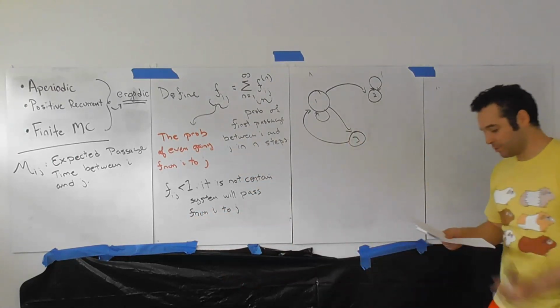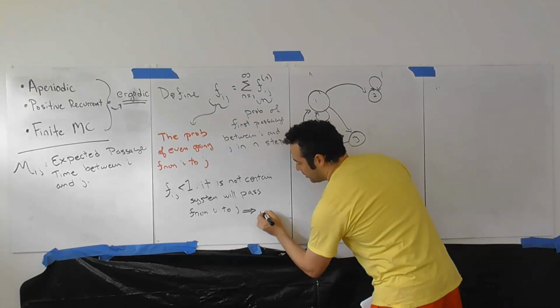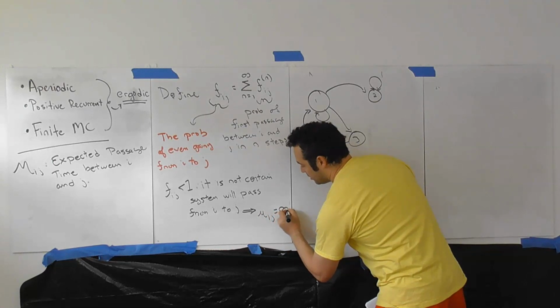And in fact, what this implies is that the passage time from i to j is infinity.